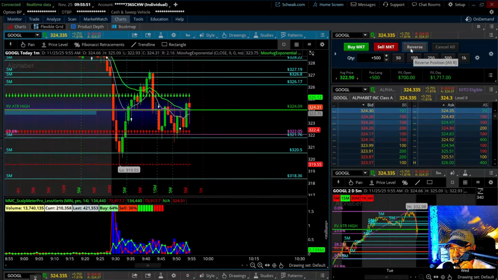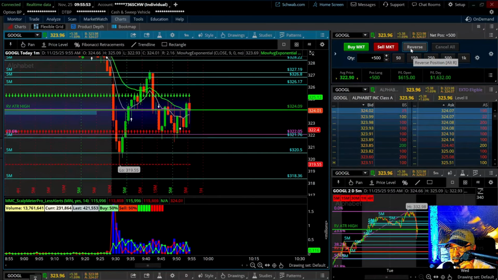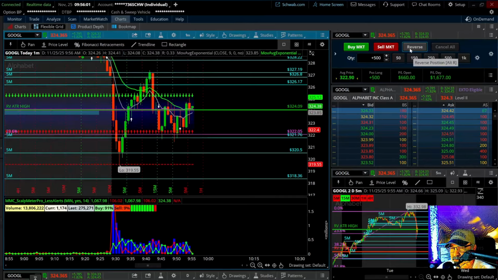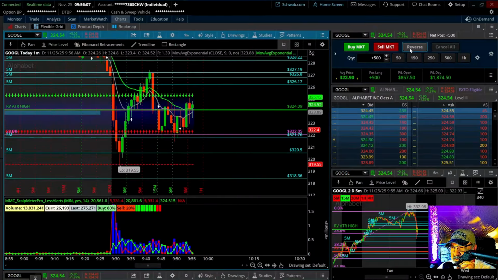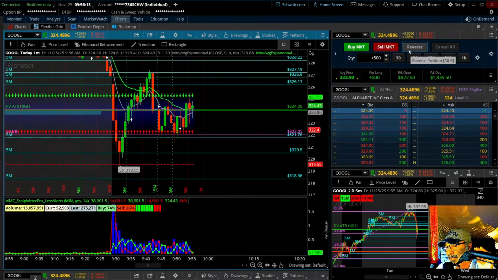And like I said, I'm doing reverse, so it's getting me out of one position and going the opposite way all at once. So it's kind of an advanced way to trade. I should have probably taken that dip. If you're confident that it's going to change direction, then you might as well just be with the move immediately. And then you do what I call managing a bad position.